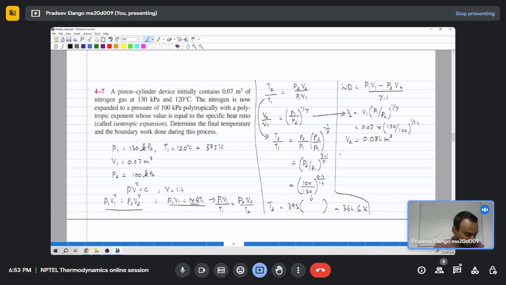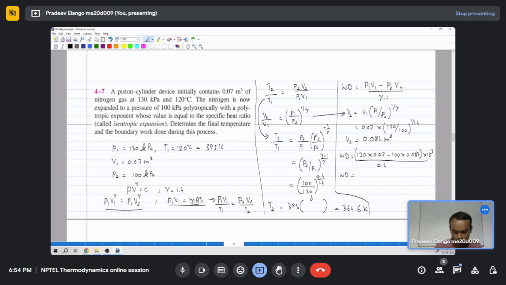Now we know work done is P1 is 130. I would write the kilopascal as 10 power 3 common. So then into V1 is 0.07 minus P2 is 100 kilopascal into 0.084 into 10 power 3 for the kilopascal, divided by gamma minus 1, that is 0.4.